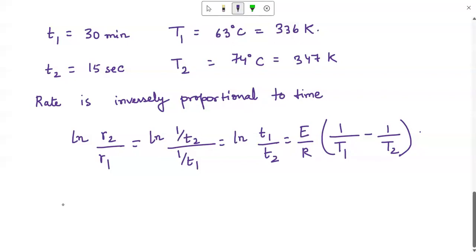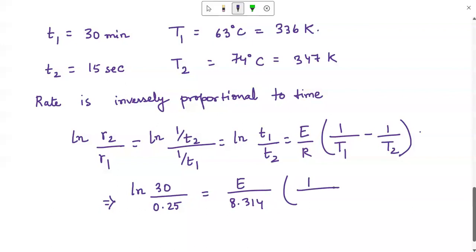Okay. So if you just do the calculation by putting the appropriate values, we can write ln of 30 by 15 seconds, which is around 0.25 minutes, equals E by universal gas constant value multiplied by 1 by 336 minus 1 by 347.